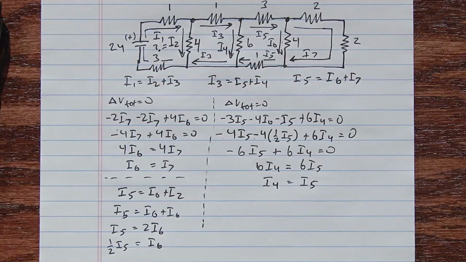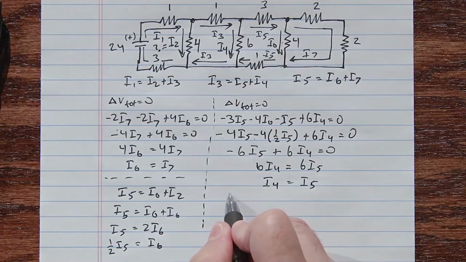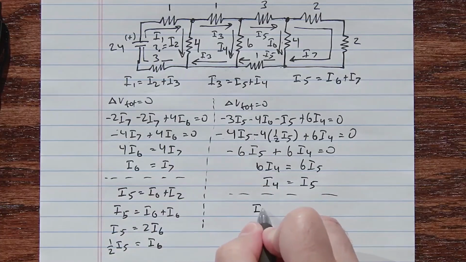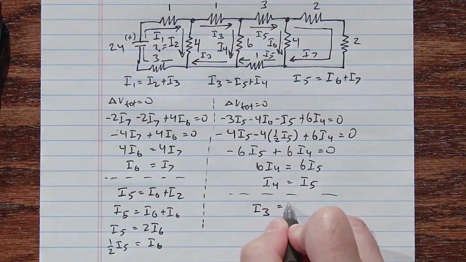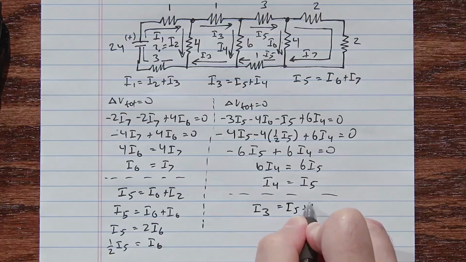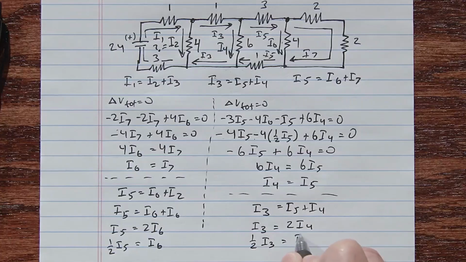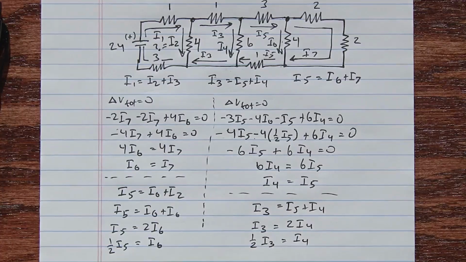And then from that, I can bring in this equation right here. I3 is equal to I5 plus I4, or I3 is equal to 2I4, or 1/2 I3 is equal to I4.